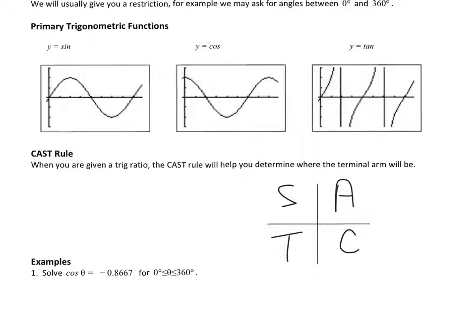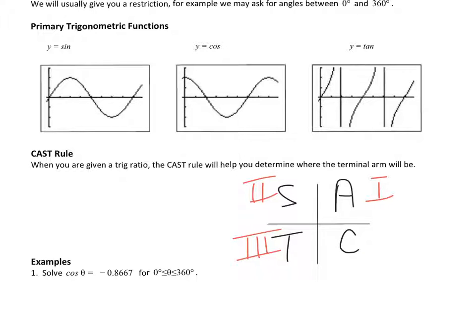In the 1st quadrant, both the x and y values are positive, and so all of the trigonometric ratios are positive. In the 2nd quadrant, the x's are negative but the y's are still positive, so sine ratios are positive. That means cosine and tangent ratios are going to be negative in the 2nd quadrant.